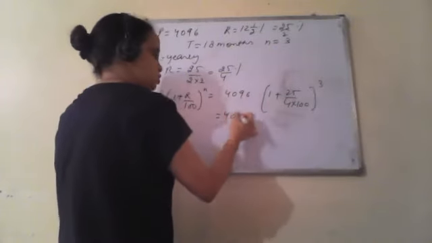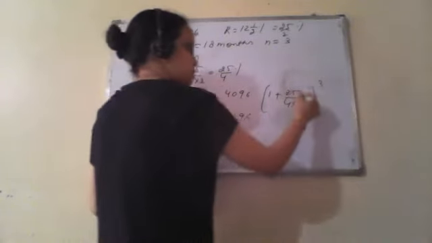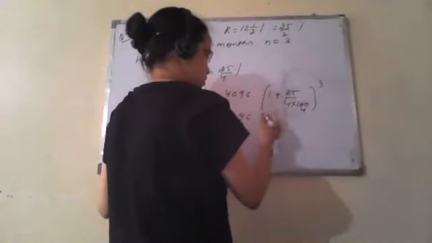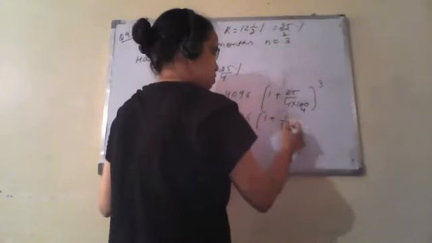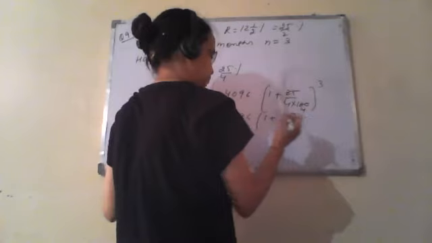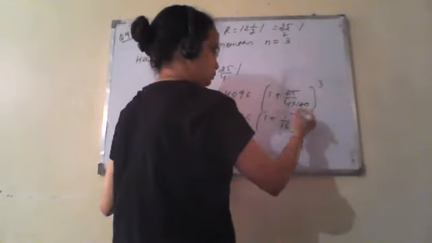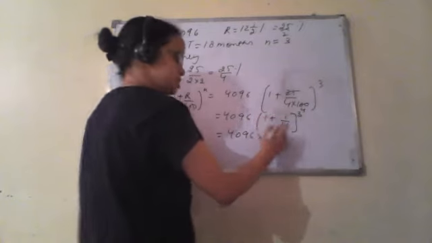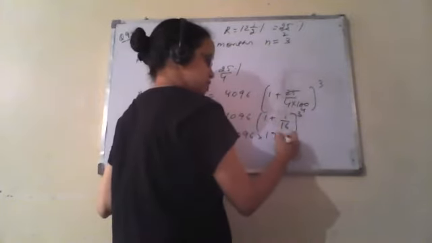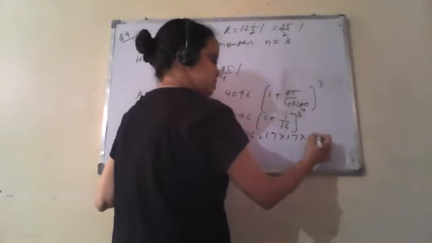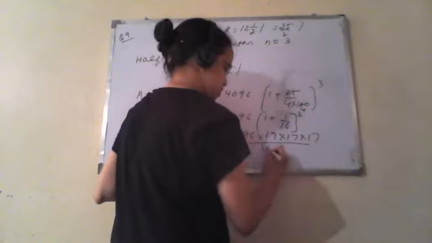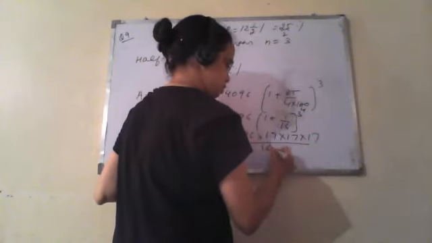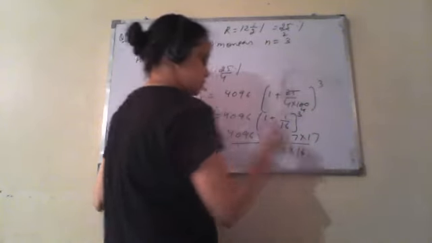This is 4096 into 1 plus 1 upon 16, which is 17 upon 16, that is 17 into 17 into 17 upon 16 into 16 into 16.